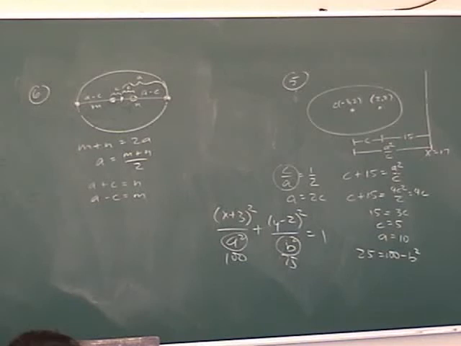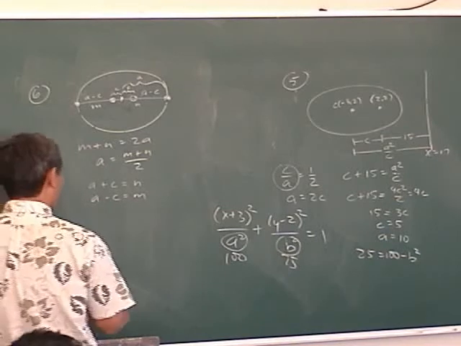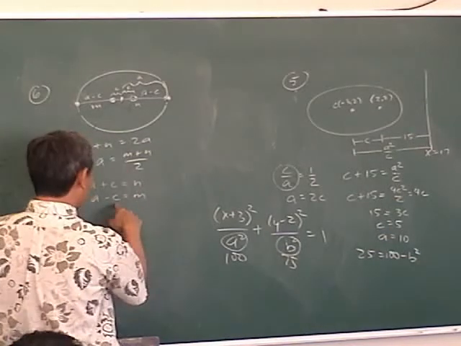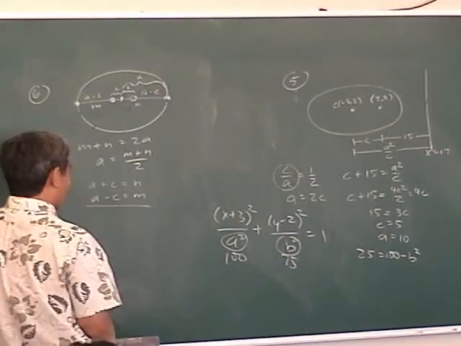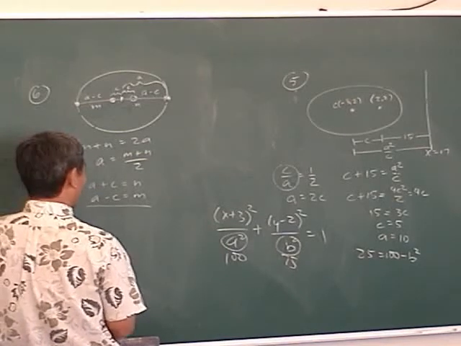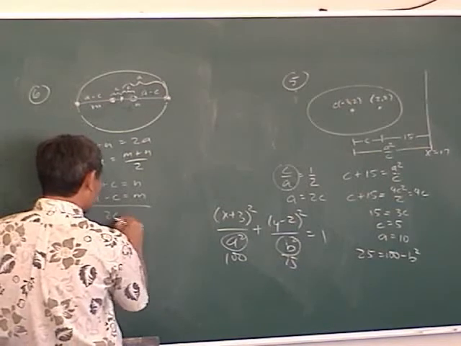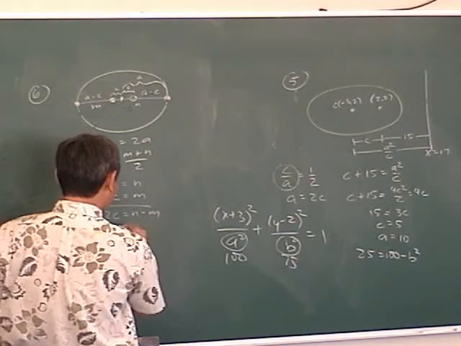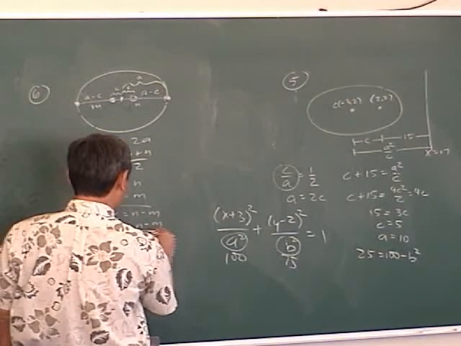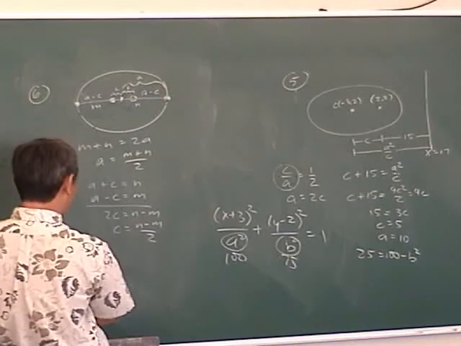Okay, no, we're gonna do it the long way. We already got what A is. How do I figure out what C is? Look at these two equations. If I want to get rid of the A, what do I do? You subtract, so 2C equals N minus M. C equals N minus M over 2. So tell me, what is C over A then?